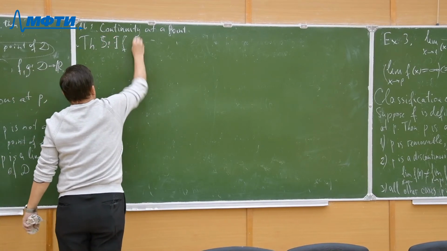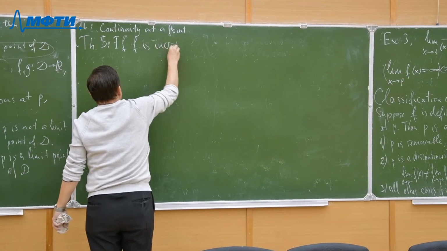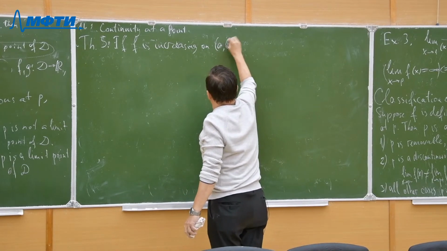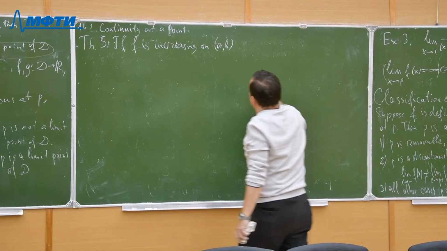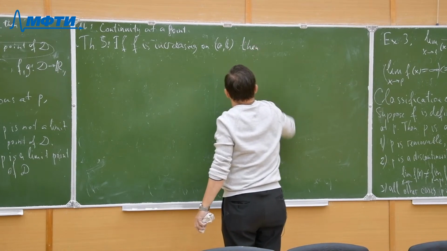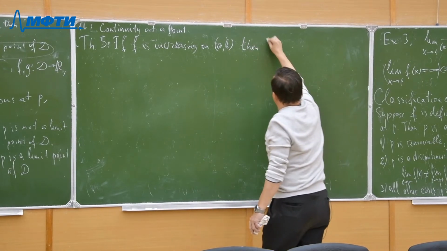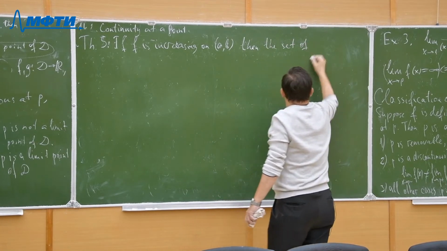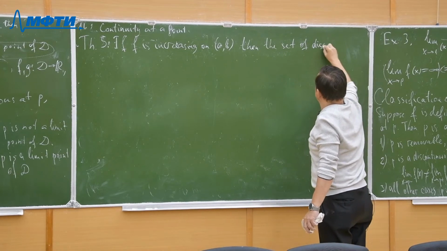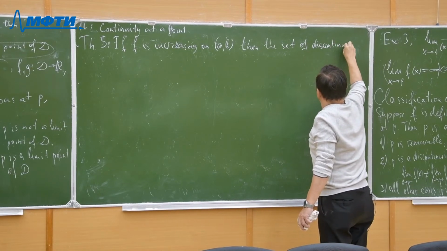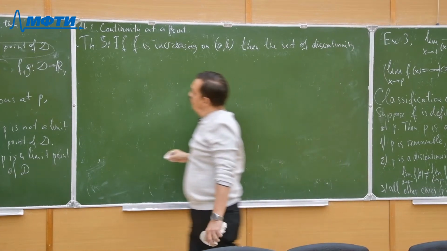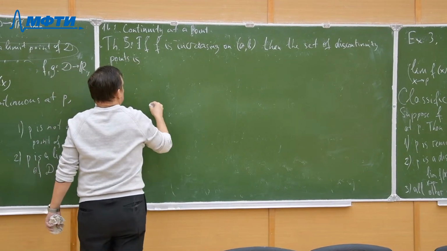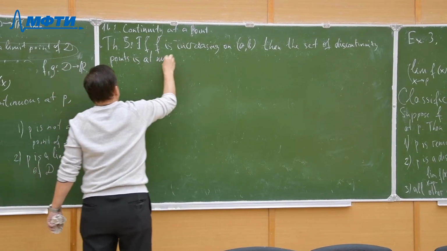If f is increasing on interval (a, b), then the set of discontinuity points is at most countable.